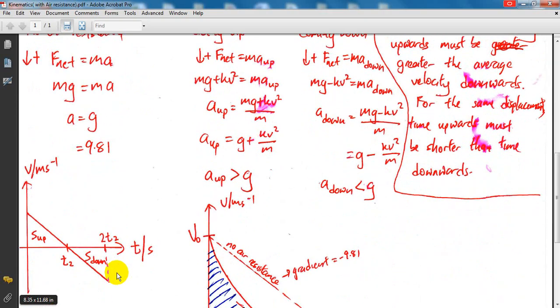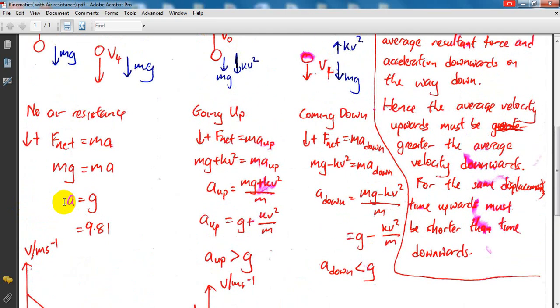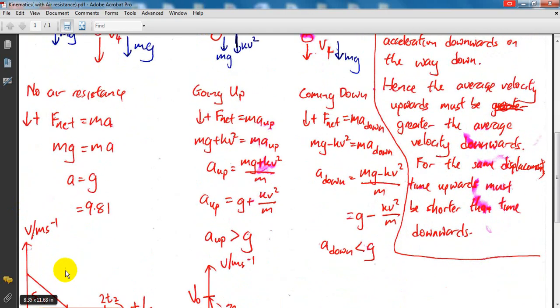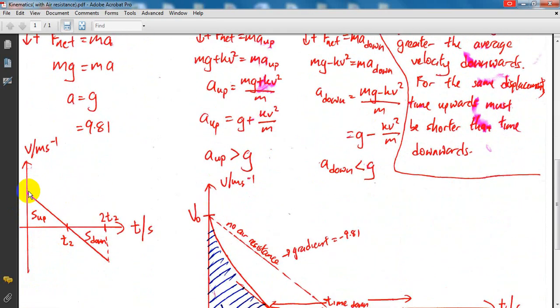If we were to draw a graph of velocity against time, it will be a straight line graph starting from a certain velocity here, where this value of velocity is equal to v0, the starting velocity. It will be a straight line with gradient 9.81 or negative 9.81. And when we look at this graph, there are a few things we need to pay attention to.